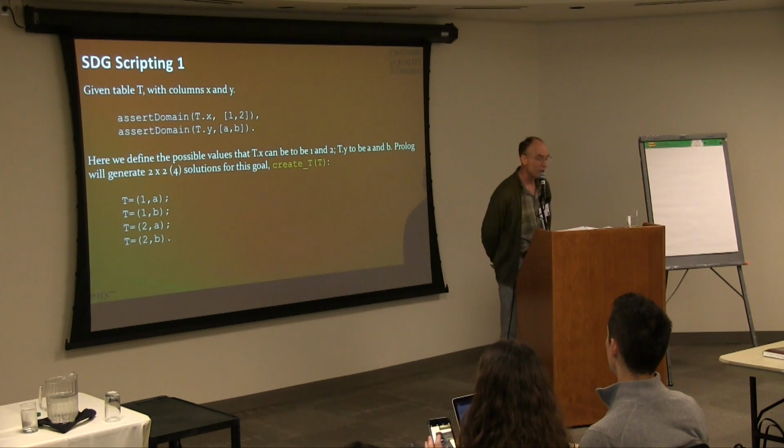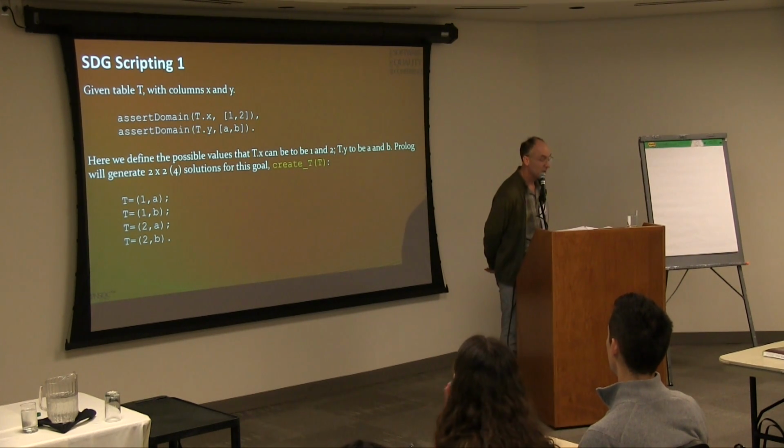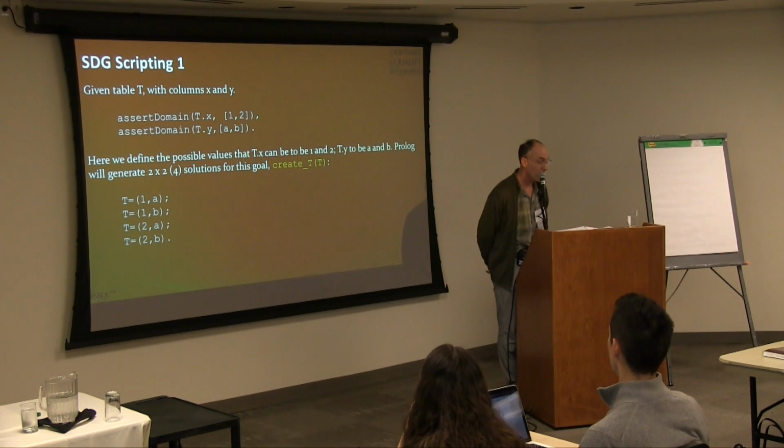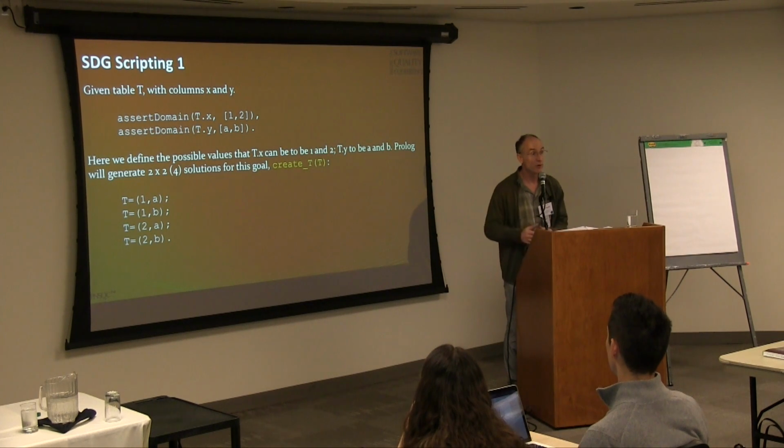So now I'll walk you through a quick scripting example. This one's kind of dumbed down a little bit, but it's purely for demonstration. If you want a more sophisticated one, I refer you to the appendix, which gets in depth into testing an ETL. This is a simple one. We're taking baby steps now.